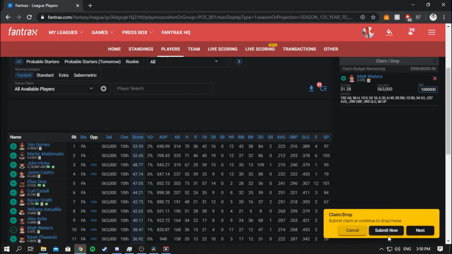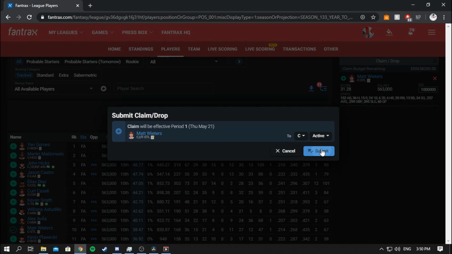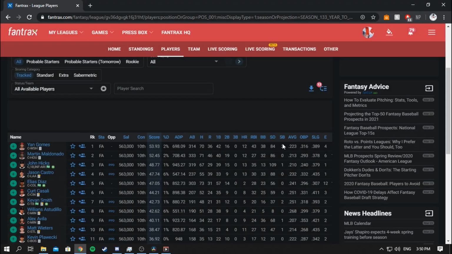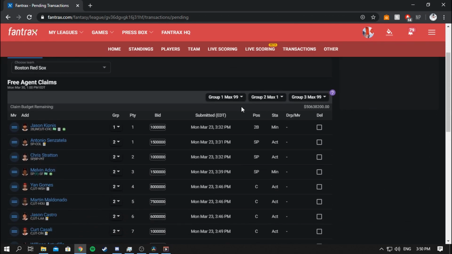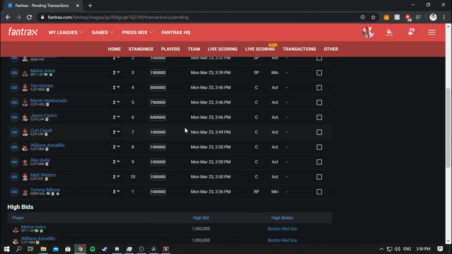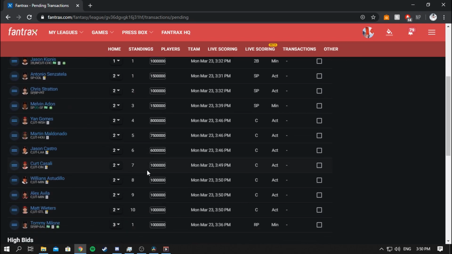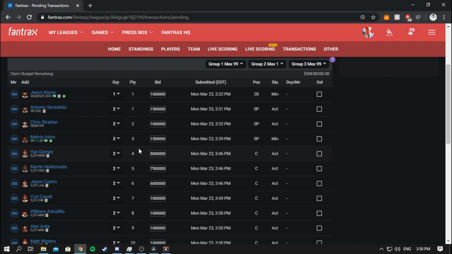So let's say I made a list of 10 catchers. I don't know where we're at now, but go to pending transactions, and you'll see all these catchers here. Right now they're all in group 2, but I want to separate them out into their own group.